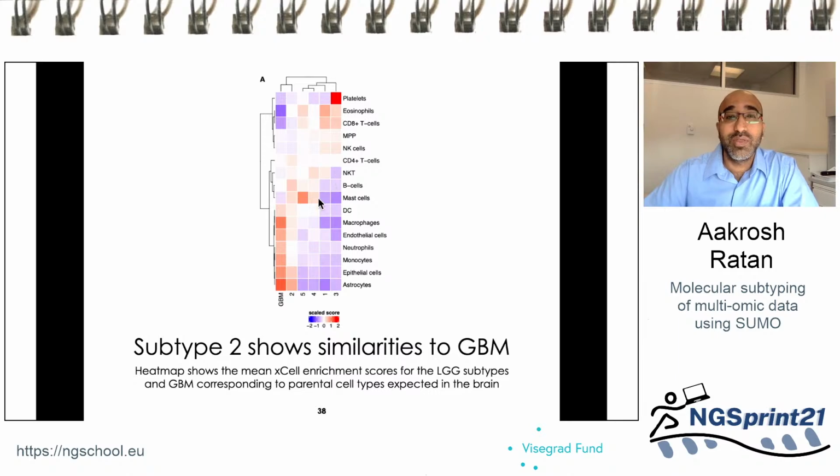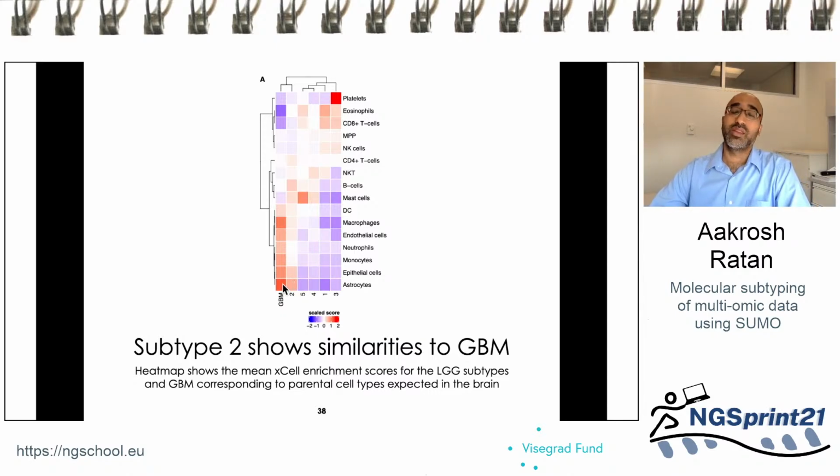And what we found in this data was that subtype 2 is extremely similar to grade 4 gliomas or glioblastoma. So in essence, what we are trying to say is that subtype 2 may be a lower grade glioma based on histology. However, based on molecular information, we would think of them as grade 4 gliomas, and maybe a more aggressive therapy is what would be recommended.